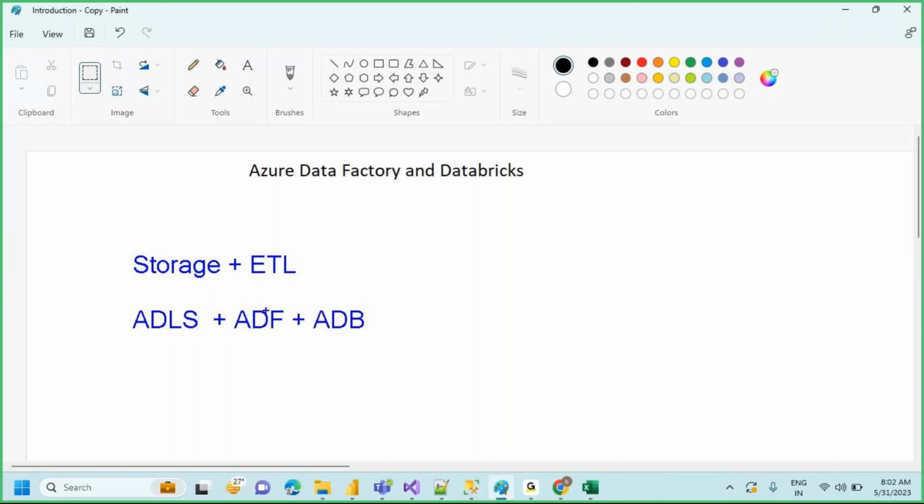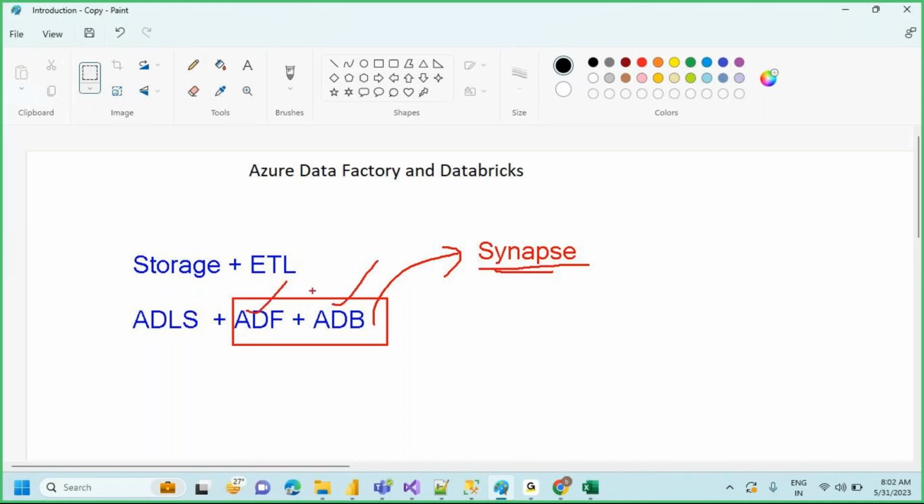They combined these two together and named it Synapse. Even if you wanted to go for Synapse, you need to know about Data Factory and Databricks. Apart from this, Synapse SQL is there.